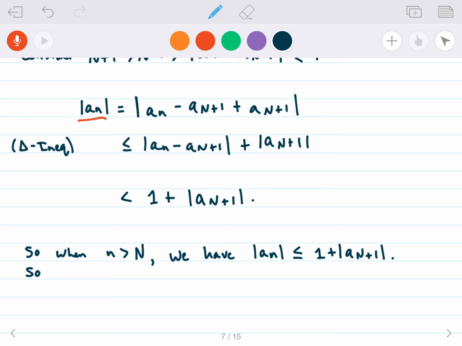So all we have to worry about, this is what I was saying before, is that this holds for little n bigger than capital N. So all I have to worry about is finding a bound for the finitely many terms, a sub 1, a sub 2, a sub 3, all the way up to a sub capital N. That's finitely many terms.